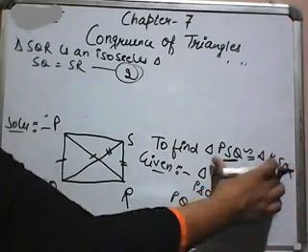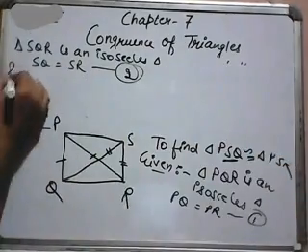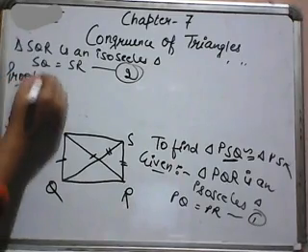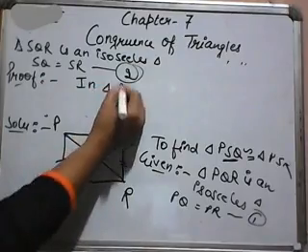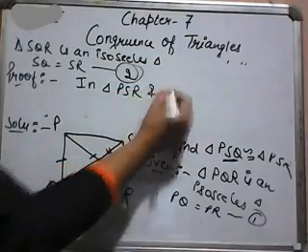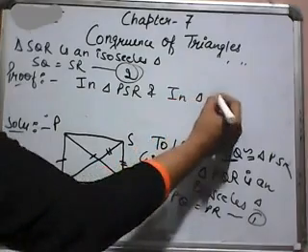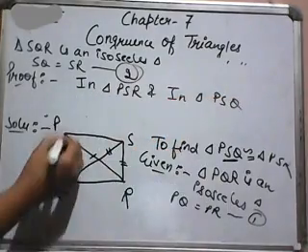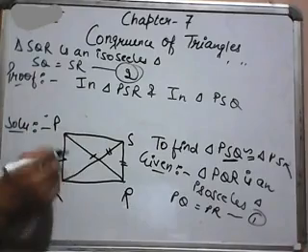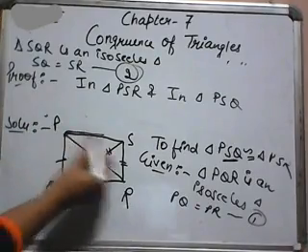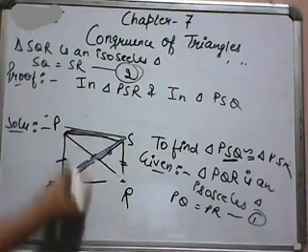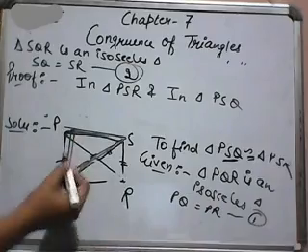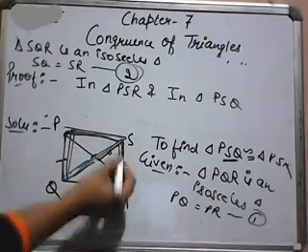So let's write these two triangles in the proof, or you can say in the solution. Let's take triangle PSR and triangle PSQ. You have to consider this triangle PSQ and this triangle PSR.